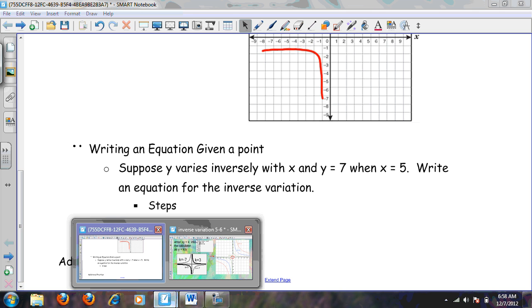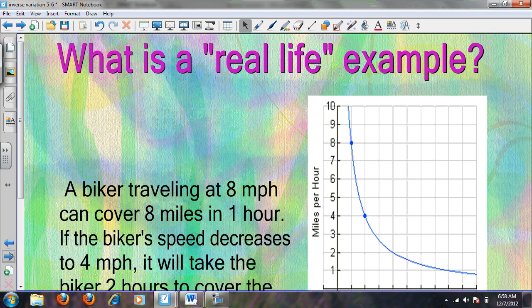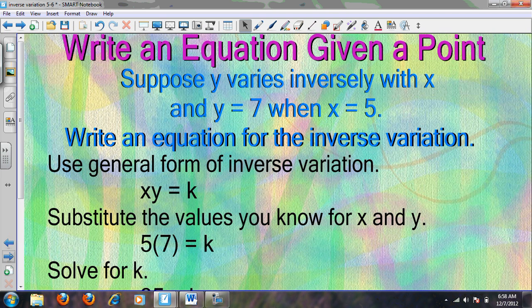This follows example number 1 on page 285. So write an equation given a point. Suppose y varies inversely with x and y equals 7 and x equals 5. Write an equation for the inverse variation.